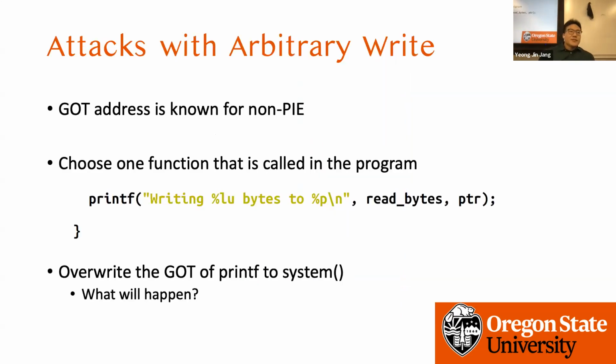So GOT addresses are known for a non-PIE binary. The program will let you leak and write arbitrary values to any kind of location. Then you can find the GOT entry of printf, get the address of system, and just overwrite that.